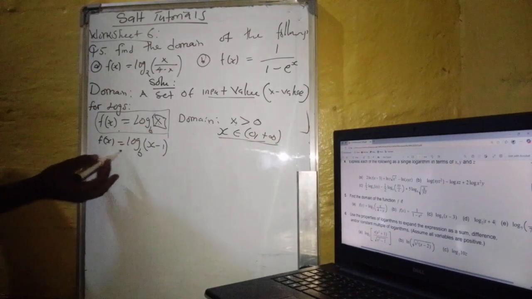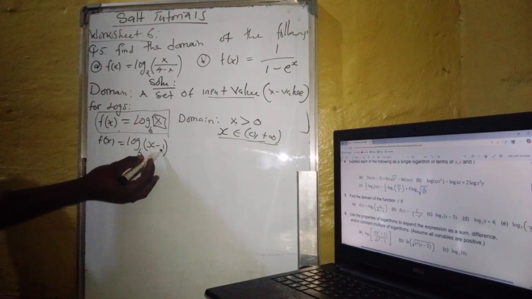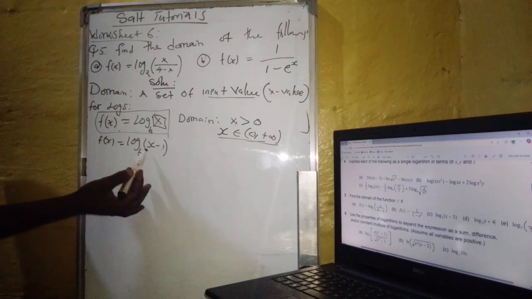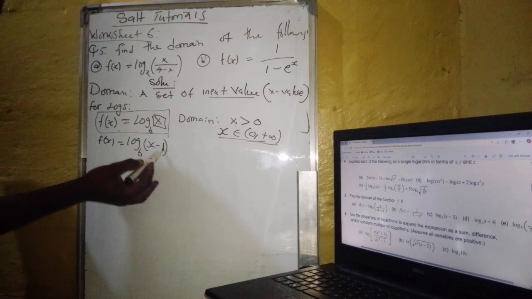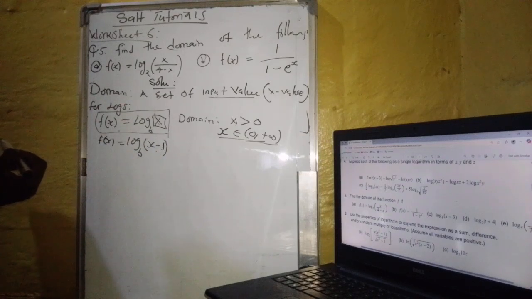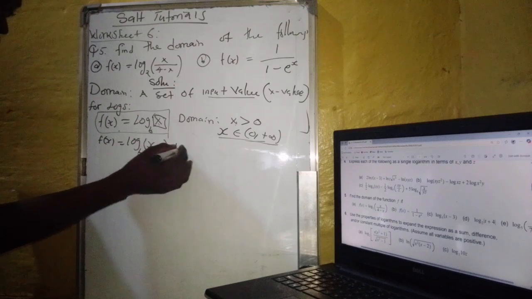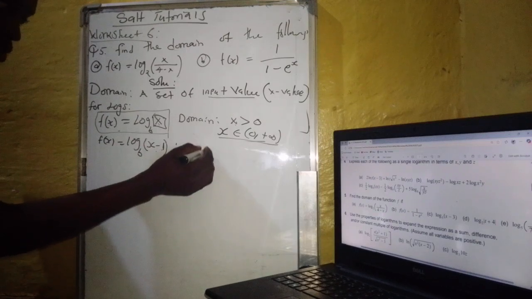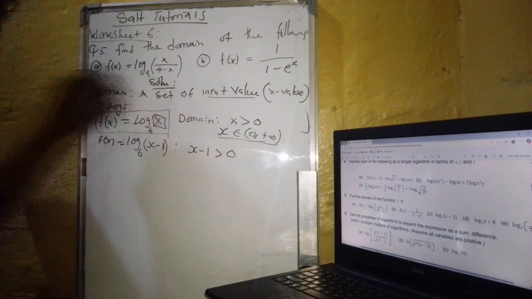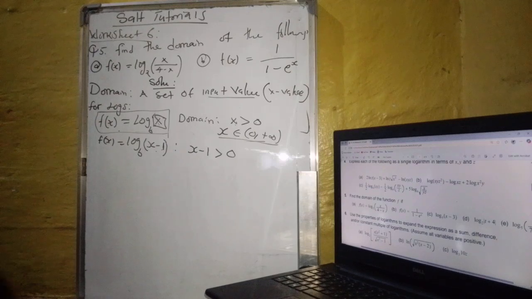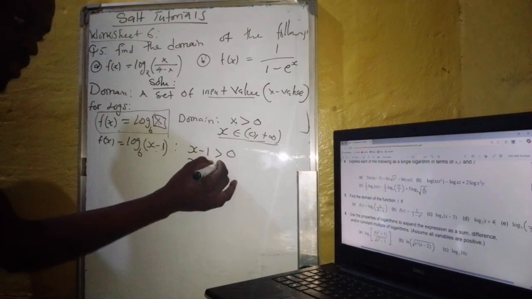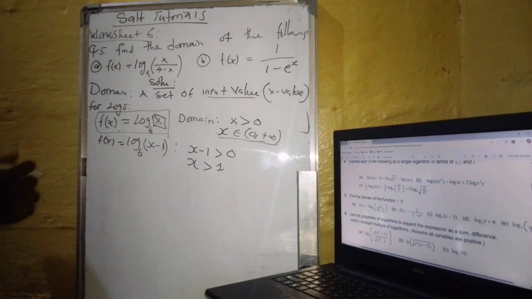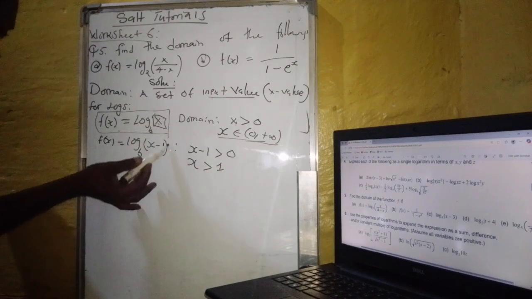But if the input here has x minus 1, what do I mean? Meaning that my input here should not be 0, and at the same time should not be negative. Meaning my domain here should be x minus 1 greater than 0, implying that x should be greater than, when this crosses to the other side, positive 1. So any value greater than 1 in this function.